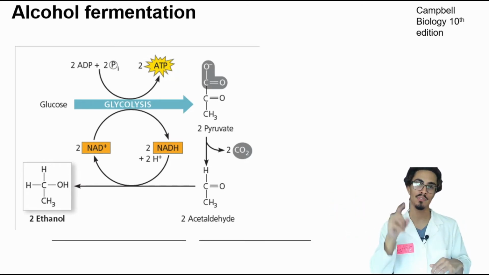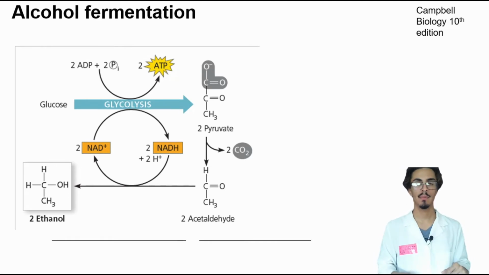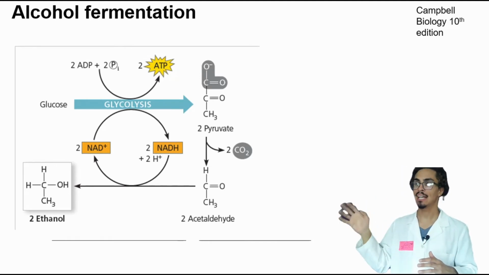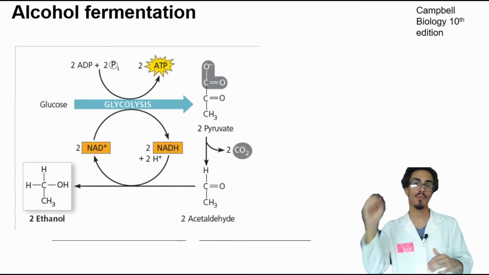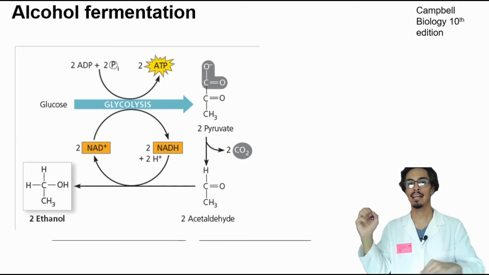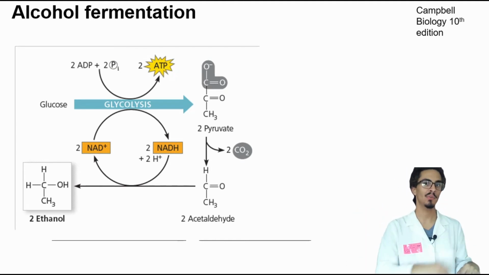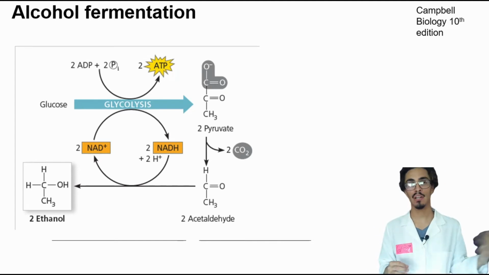That CO2 is the very same CO2 that makes bread rise and actually gives beer its fizz. So after you have acetaldehyde, acetaldehyde will work as an oxidizing agent for NADH, regenerating NAD+. Acetaldehyde itself is converted into ethanol, which is the main alcohol in alcoholic beverages. That's the final byproduct. Very straightforward.